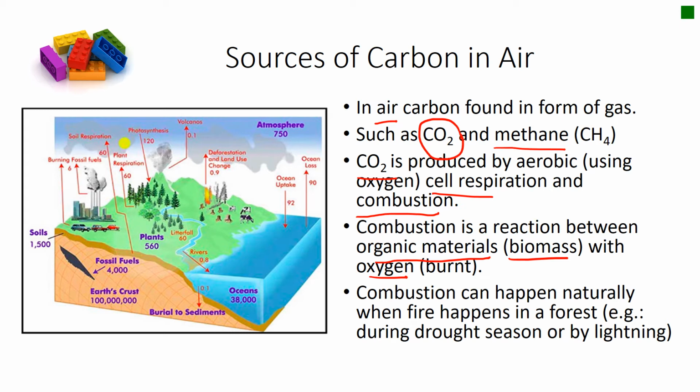Combustion can happen naturally when fire happens in the forest. For example, you may have heard news last year or two years ago that Australia had a very dry drought season, and the forest caught fire. This releases carbon dioxide, as the carbon that was fixed in the wood goes back into carbon dioxide.